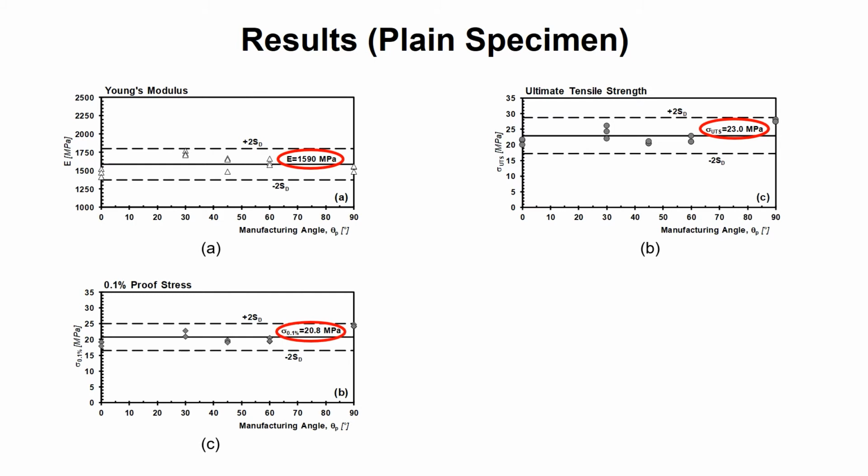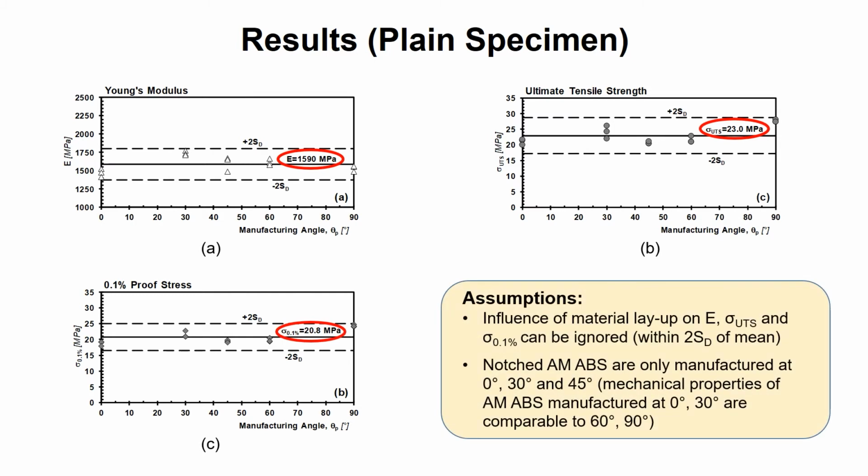The assumptions that we made from the results of the plain specimens are as follows. Since the mechanical properties are all within 2 standard deviations of the mean, the influence of material layout on the said mechanical properties is assumed to be insignificant.